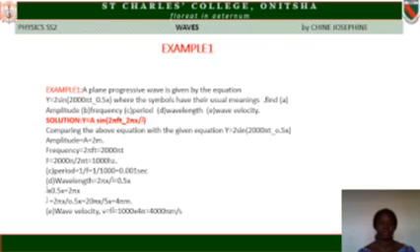Solution. Recall the general formula for the mathematical representation of wave, which is y equals A sine bracket 2 pi ft minus 2 pi x over lambda. Then before we solve, we have to compare this general equation with the equation given.